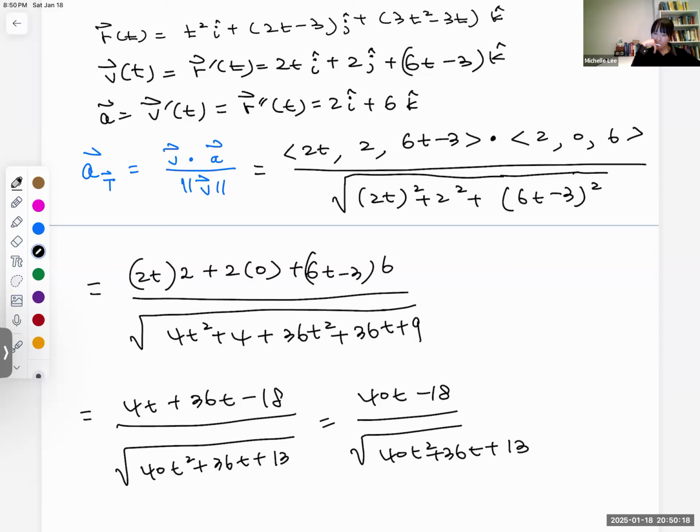All right. Since we're doing the tangential acceleration, let's do when t equals 2, right?